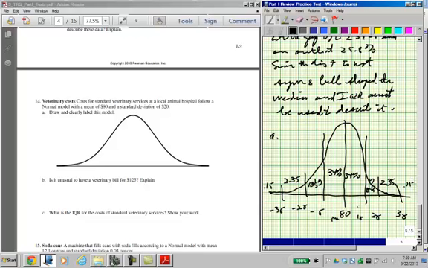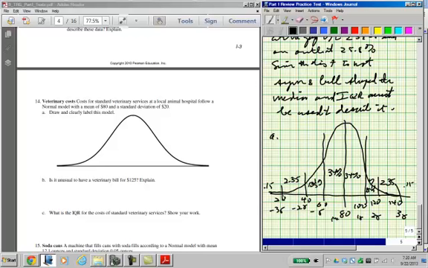Next standard deviation is 100. And 2 standard deviations is 120. And 3 standard deviations is 140. Going the other way, it's 60, 40, and 20. All right. So 20 being 3 standard deviations to the left, and 140 being 3 to the right.